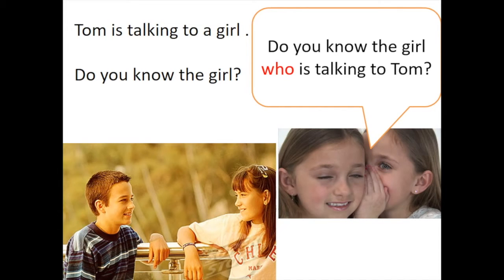Here, who is the relative pronoun, and who is talking to Tom is the relative clause. This relative clause gives more information about the girl. That's why we can link these two sentences together with the word who. And in your writing, relative clauses are very useful to make your writing interesting and different.